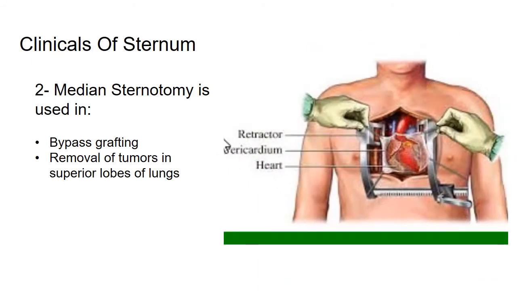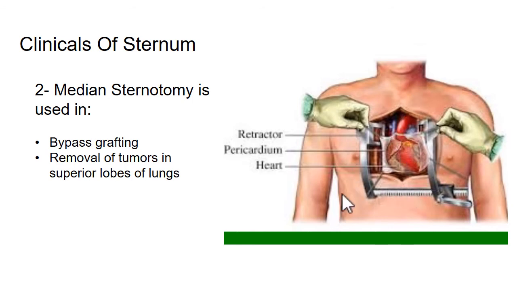Here is an image showing incision of the sternum and division of the sternum into halves, and then retraction of the sternum to gain access to the thoracic cavity for surgical operations.